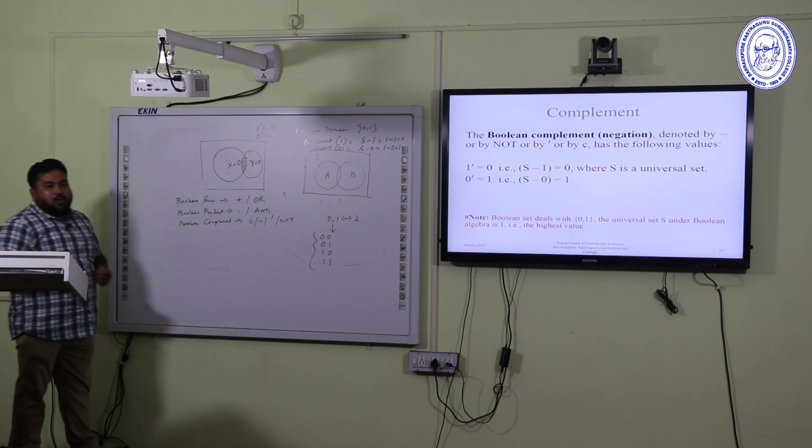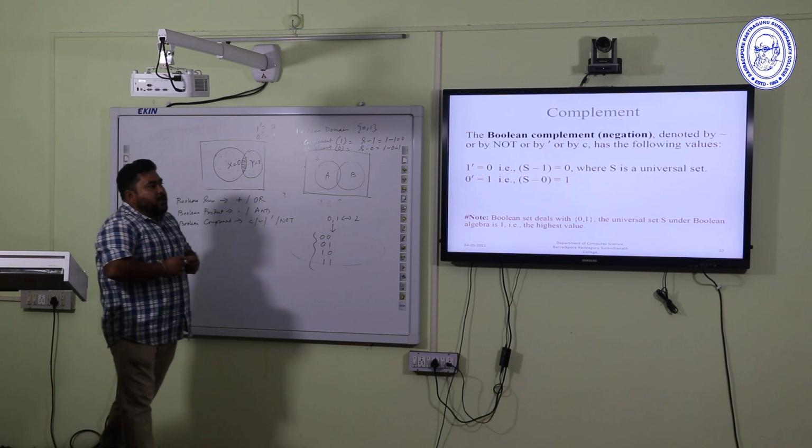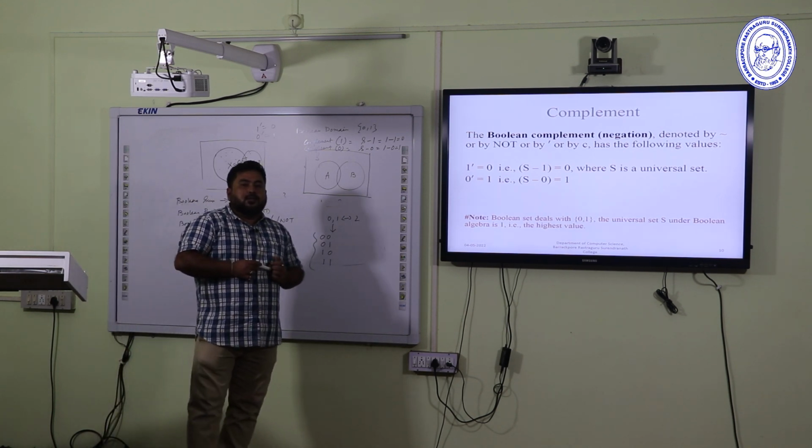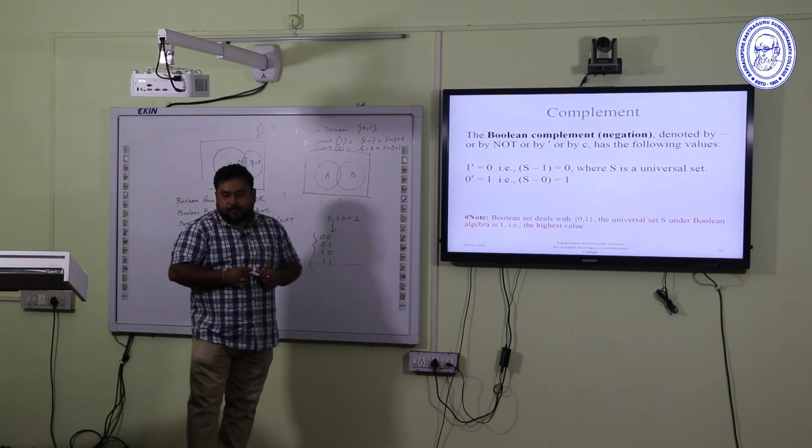So AND, OR, NOT are basically the three fundamental operations in Boolean algebra.